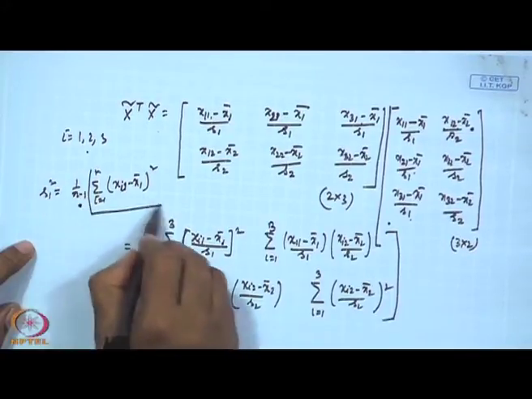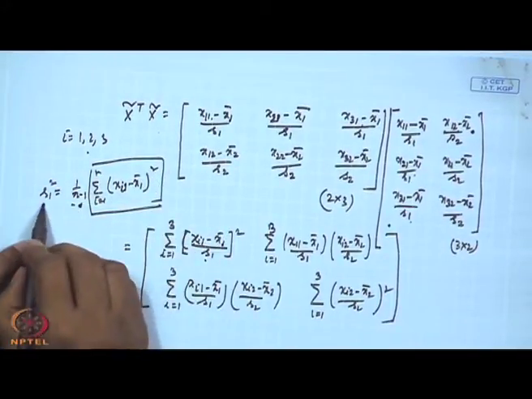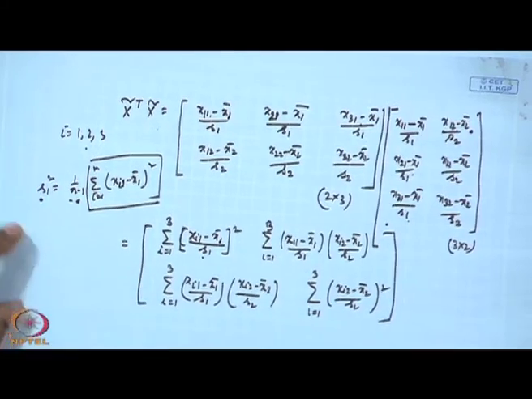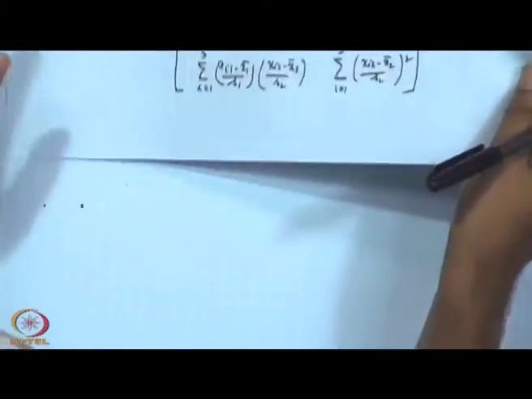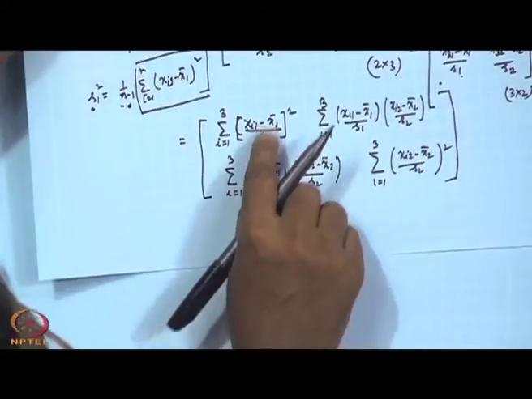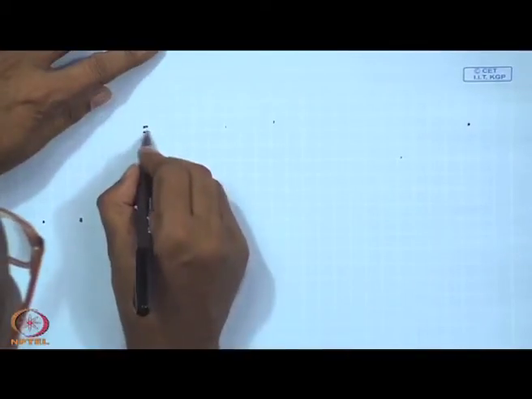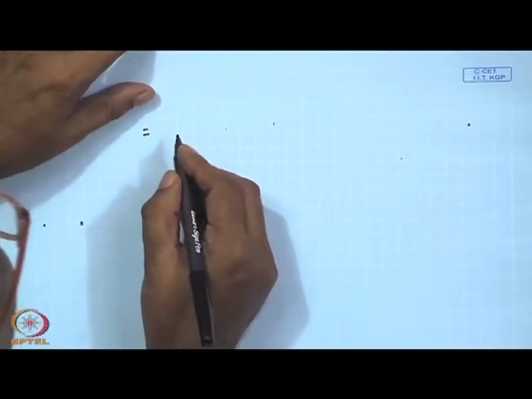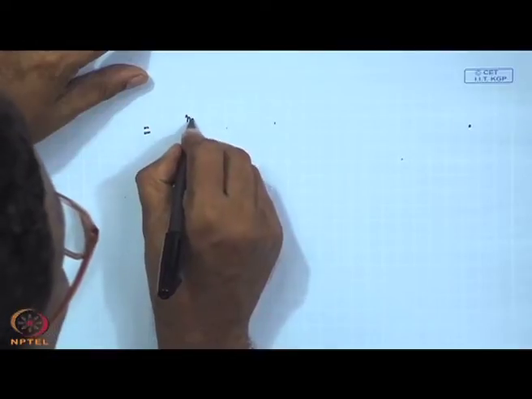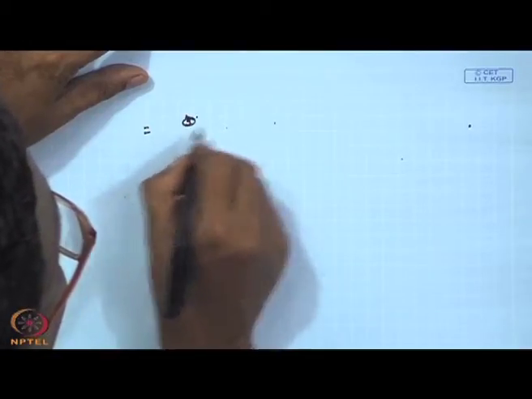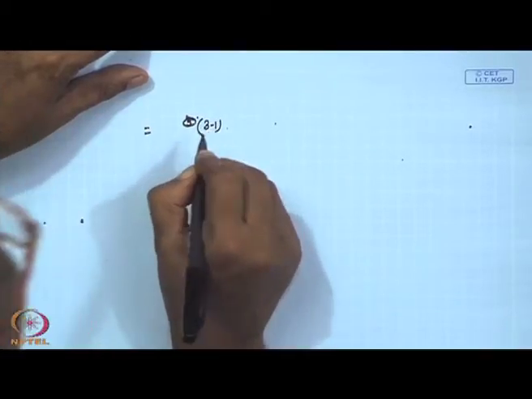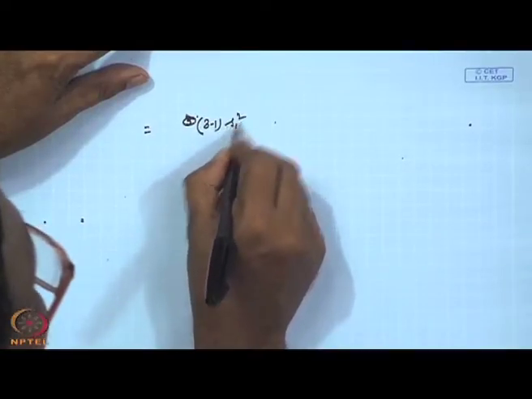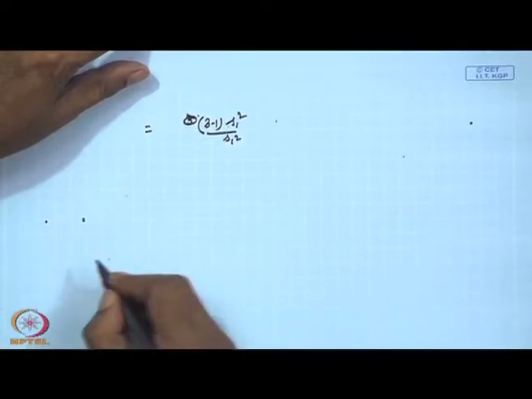So this quantity is n minus 1 into S1 square, and because S1 by S1 is coming, ultimately you get this quantity as (3 minus 1) into S1 square by S1 square.